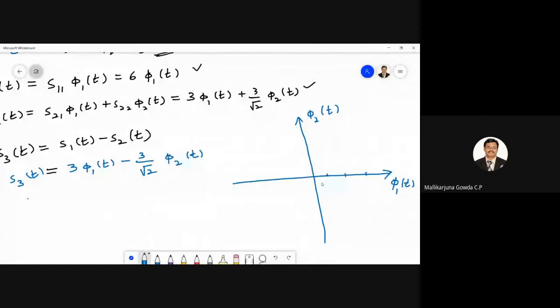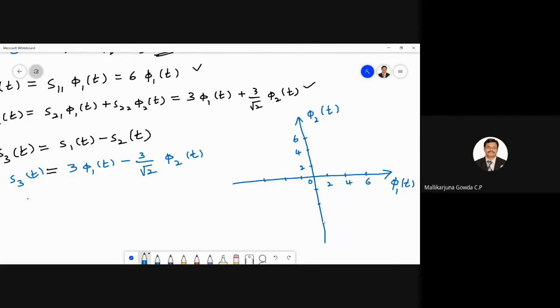So I can write this as 2, 4, 6. That depends on the value of pi 1 of t, till where it exists. Similarly you can mark this side also as 2, 4, 6 and so on. Similarly this side also.